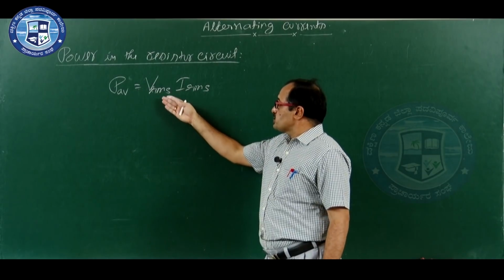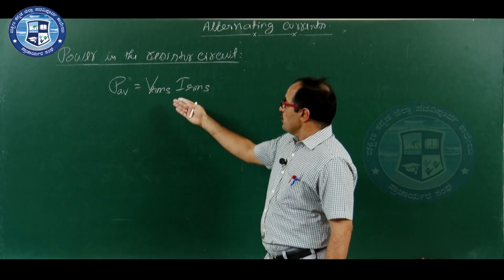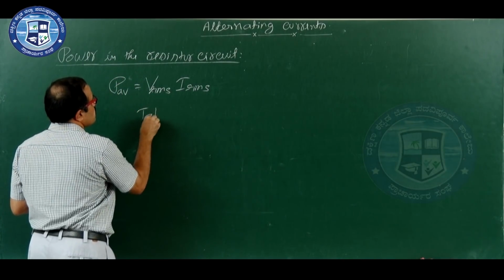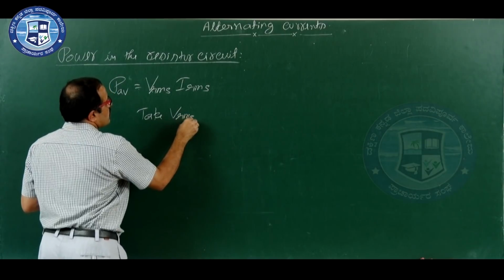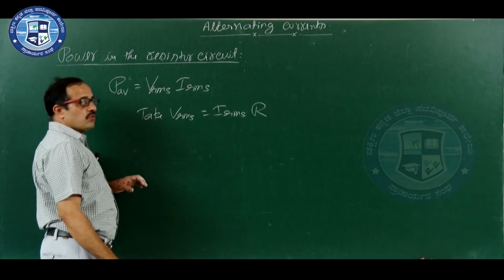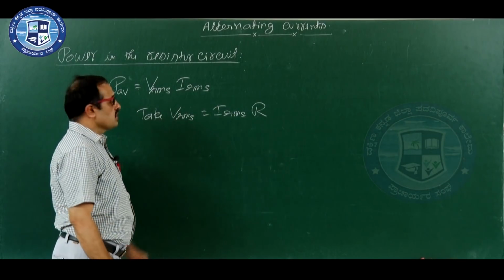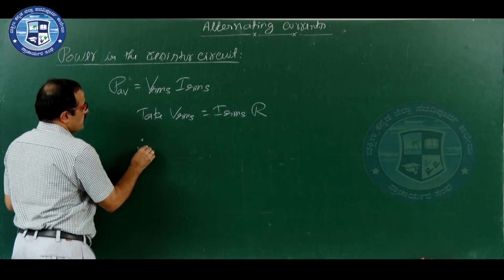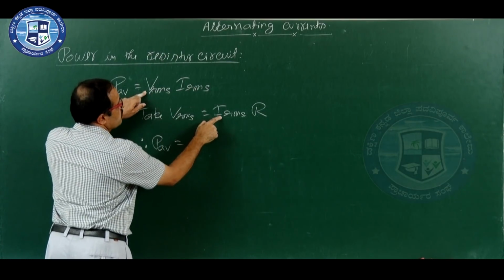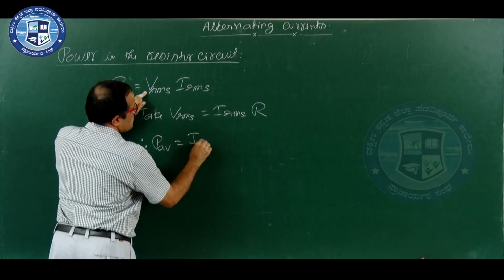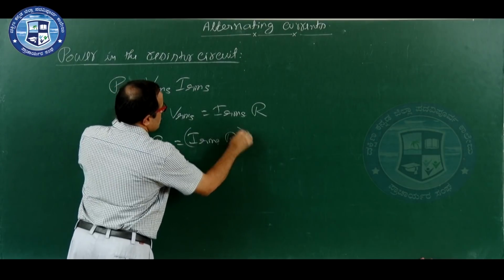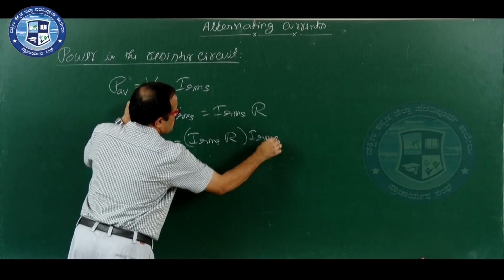Now, we can further simplify this one. We know VRMS in the case of resistor circuit, VRMS equal to IRMS into R, nothing but Ohm's law, V equal to IR. Substitute there. Therefore, P average is equal to, instead of VRMS, we write IRMS into R into IRMS.